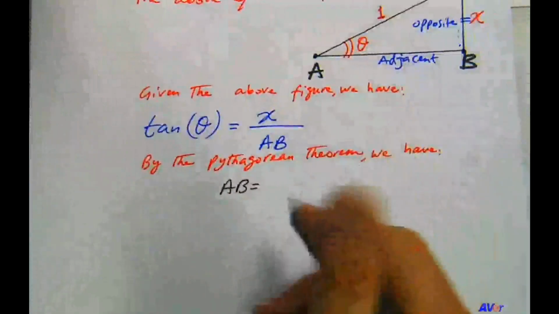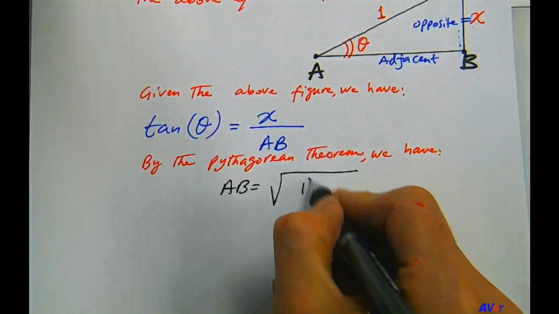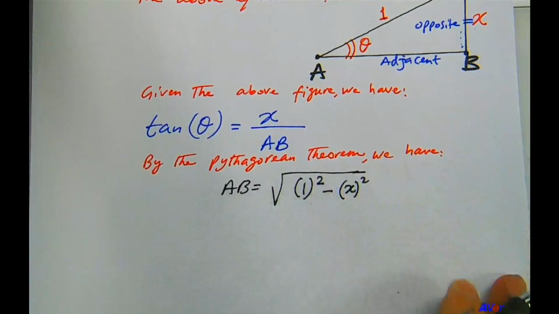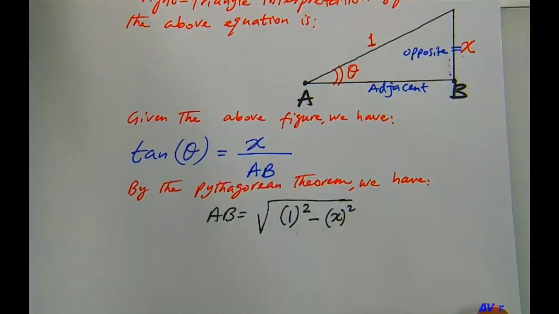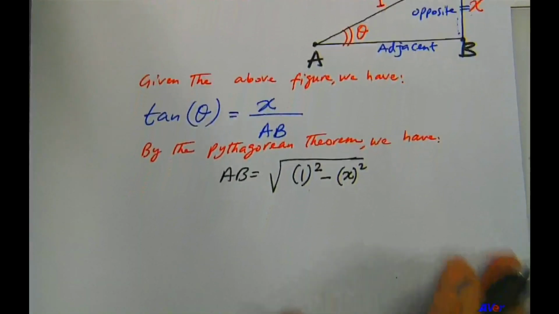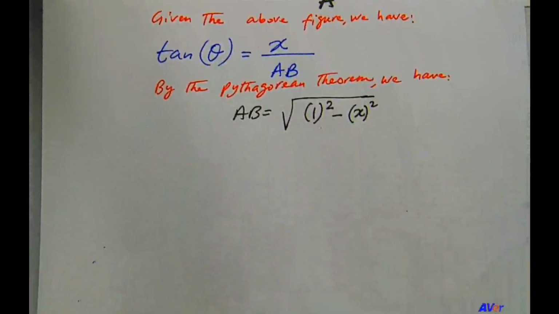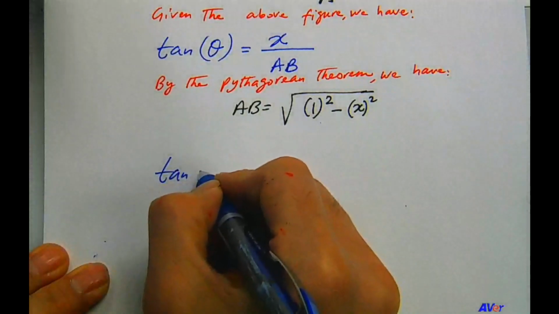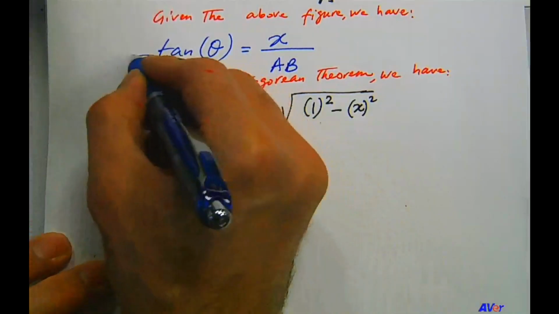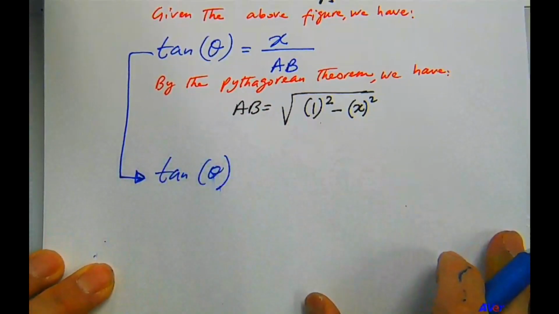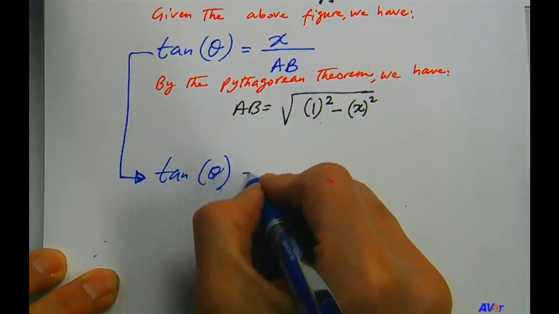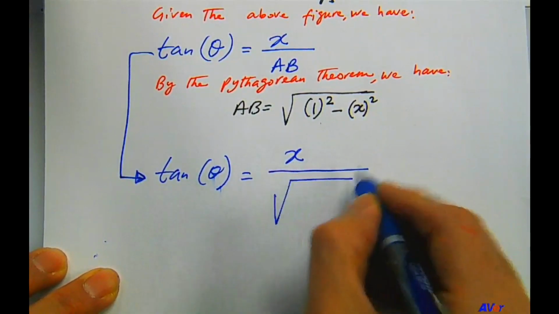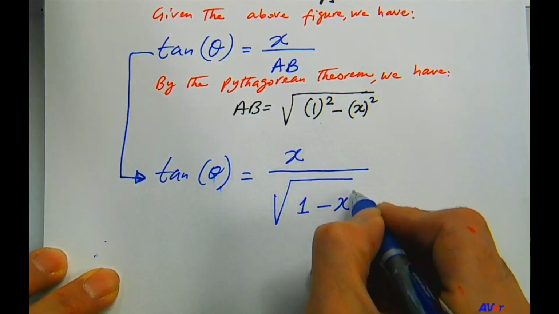So let's write that down. Square root of 1 squared minus x squared. Like that. Okay. Let's substitute this in this equation, and we will be done. So tangent of theta, so that is from here. Tangent of theta is equal to x over square root of 1 minus x squared.